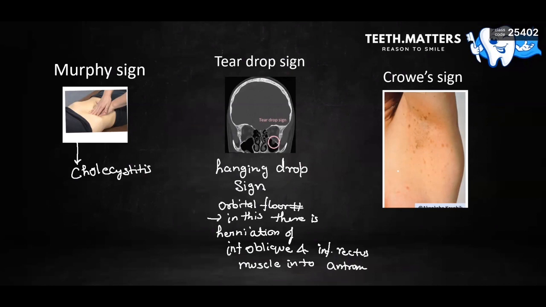Now, Crowe sign. In this we see axillary freckling. These red spots in the axilla are axillary freckling, and it is seen in von Recklinghausen neurofibromatosis.